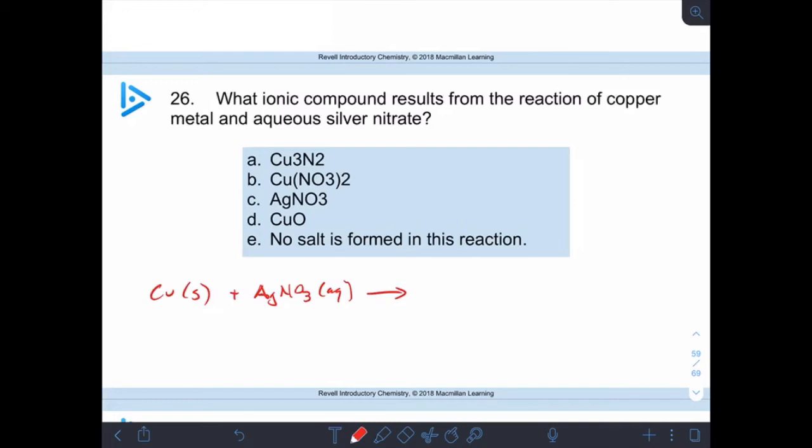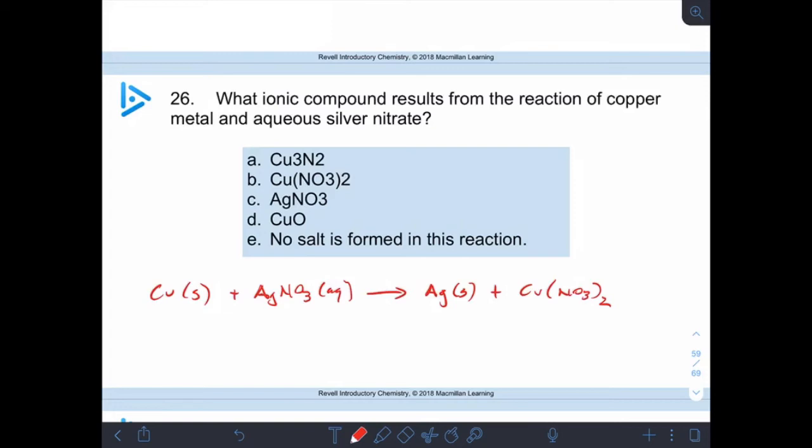I'm going to trade places with the copper and the silver. And so I'm going to get solid silver instead and copper nitrate, which is probably the Cu(NO3)2. But it's not specific about what ion the copper makes.